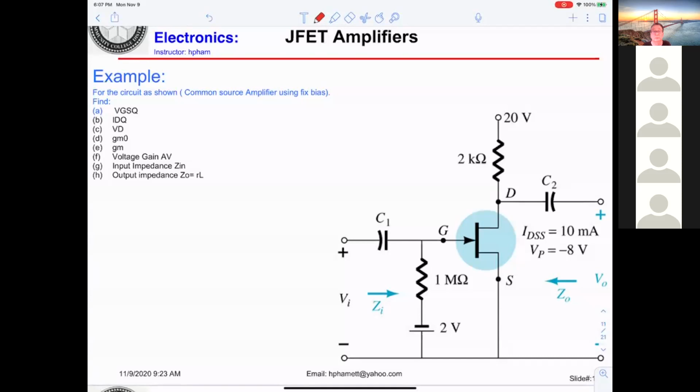Is A negative 2 volts? Okay, so VGS is minus 2 volt. VG equals minus 2, VF equals 0.